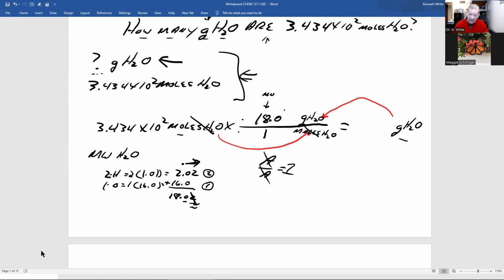And now I can pick up my calculator, clear it. 0.432 blue double E 2 times 18.0. And my calculator gives me this number.